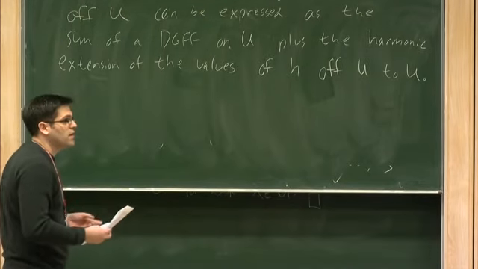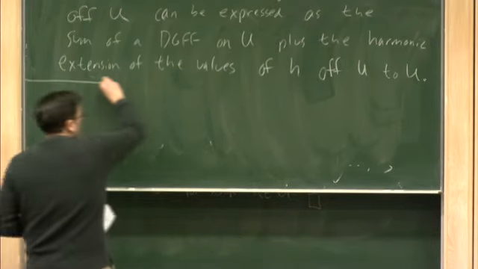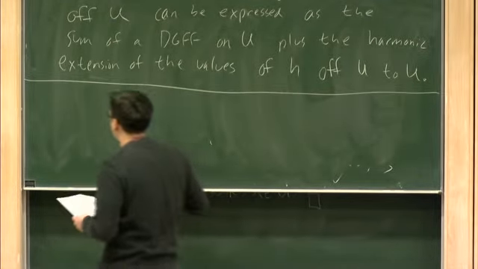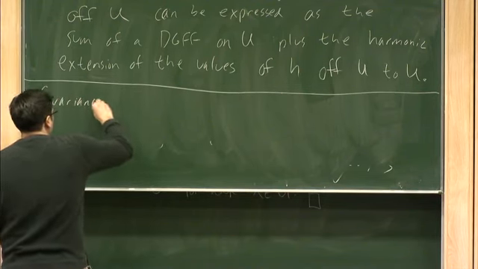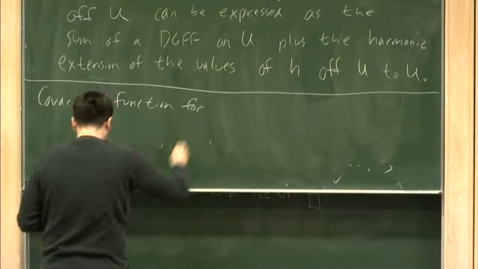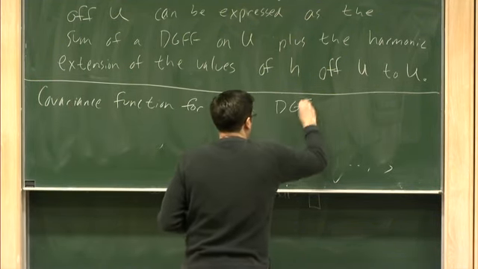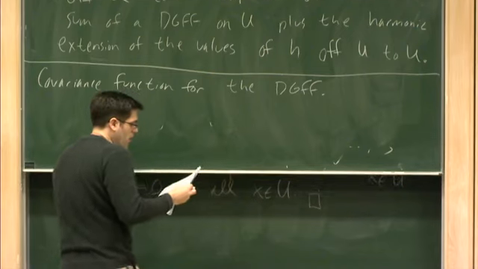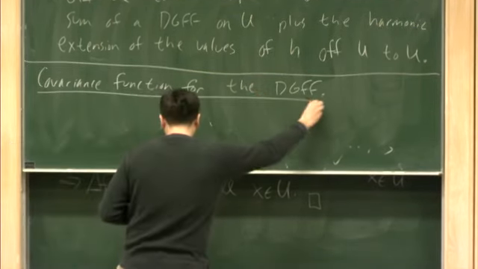Now, in the last 15 or 20 minutes or so, I'm going to derive the covariance function. So we want to derive the covariance function for the discrete Gaussian free field. Okay, and the starting point for this is the following definition.